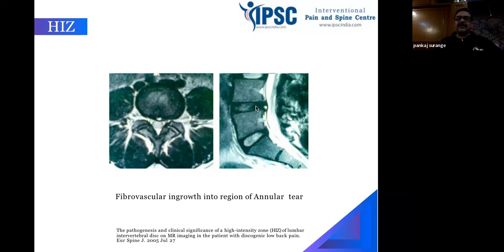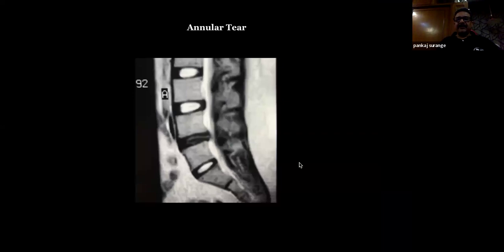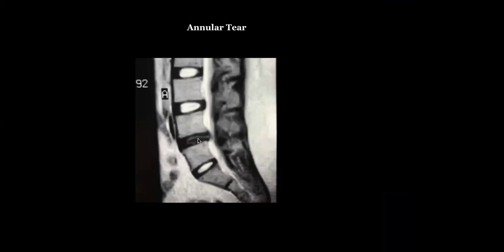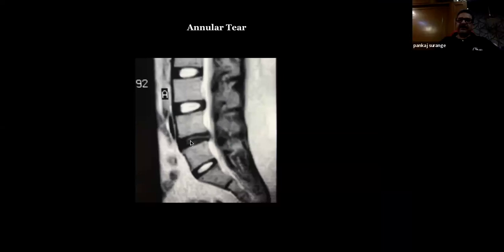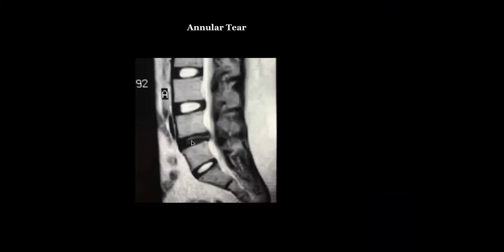Tear leading to the loss of hydration, leading to inflammation, leading to accumulation of the exudates, and forming the HIZ, high intensity zone, which correlates with your discogenic back pain. Look at this big annular tear. It's lost its water, and there's a big annular tear over here. This entire annulus is having a tear.